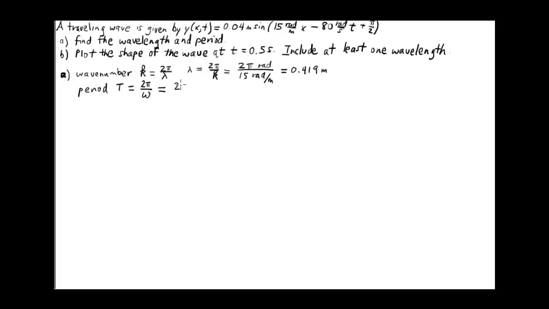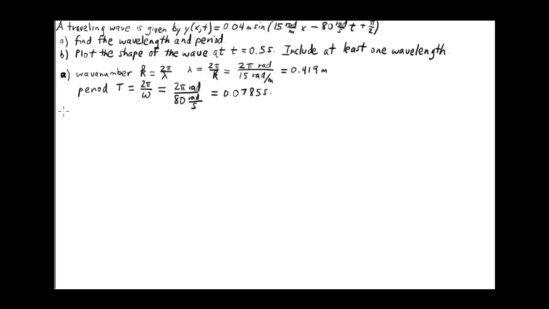And so, once again, 2 pi radians divided by 80 radians per second. And the period of this wave is quite short. It's 0.0785 seconds. All right. So that's pretty straightforward.